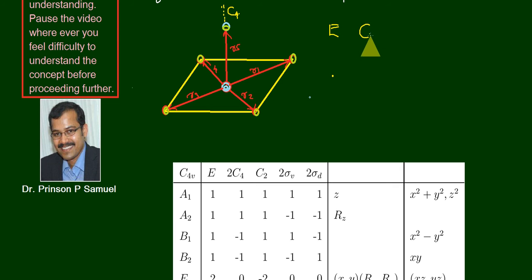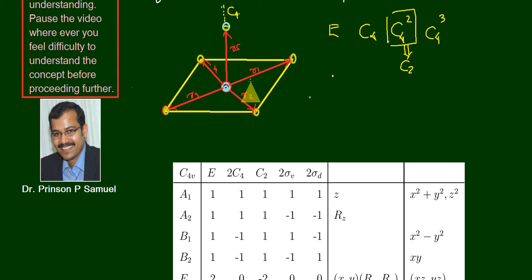C4 can be done as C4 2 times, or we can write C4 square and C4 3 times. Okay, out of this, C4 2 times is equivalent to C2. So instead of writing C4 2 times, you can write it as a unique element C2, and it forms a separate class also. That is very important.